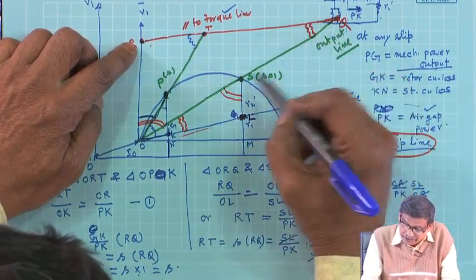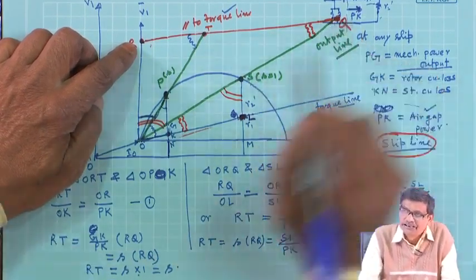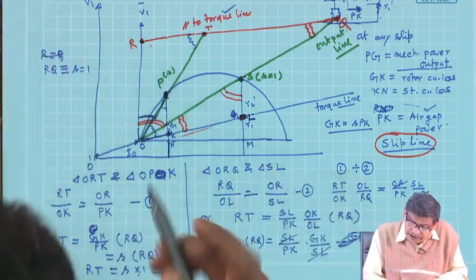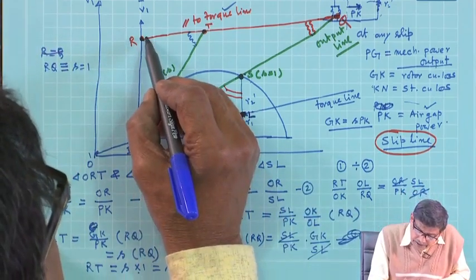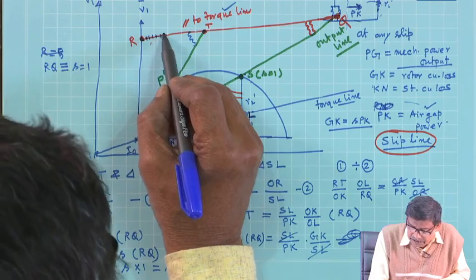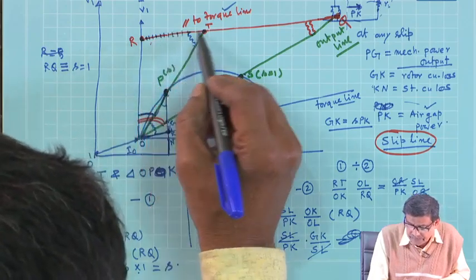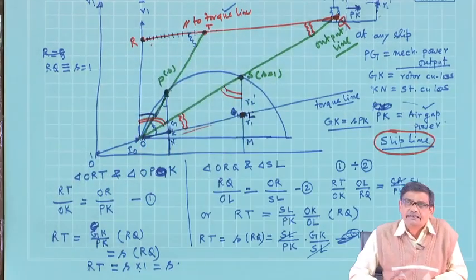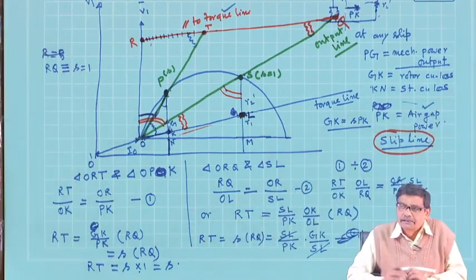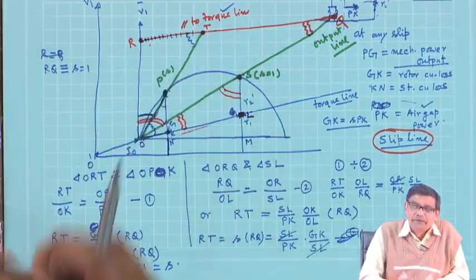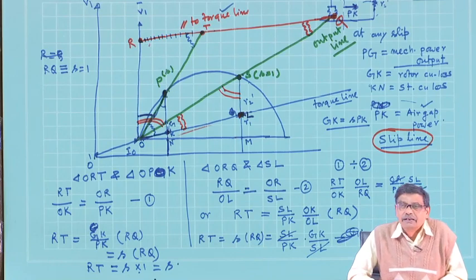Then what I will do is break this up in equal segments, divide this line in 100 segments. So, each segment will represent 1 by 100 slip.